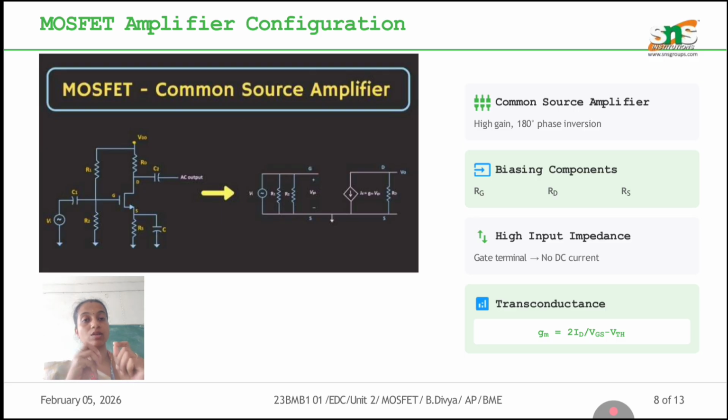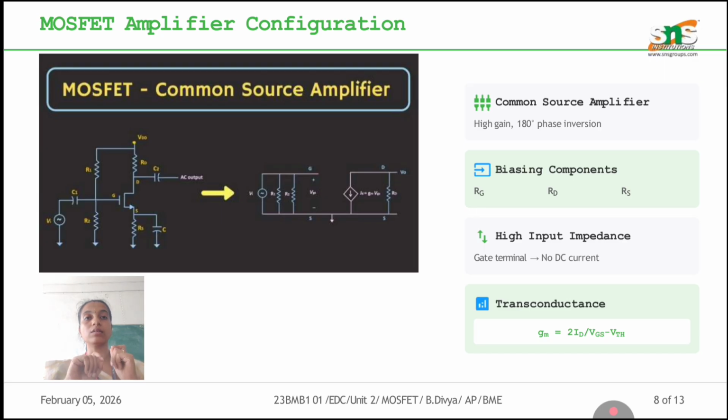Transconductance GM is equal to 2 ID divided by VGS minus VTH.